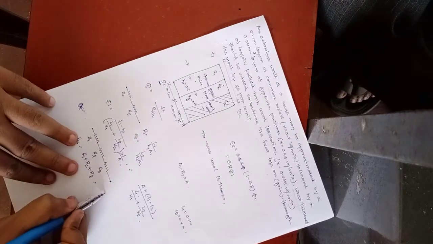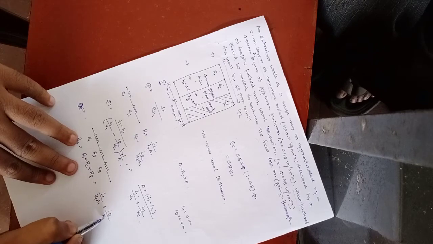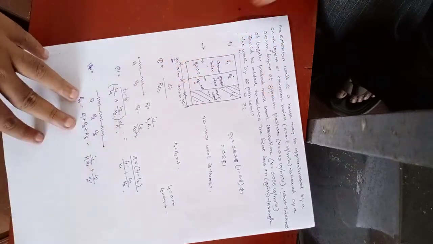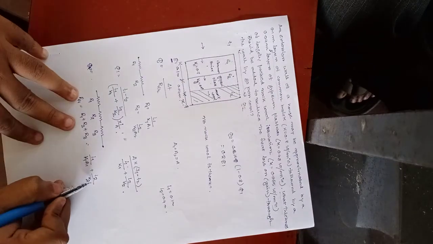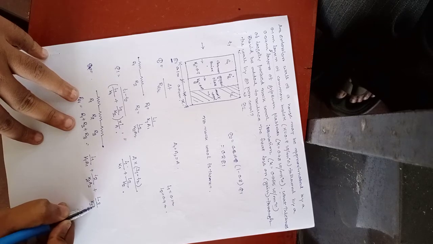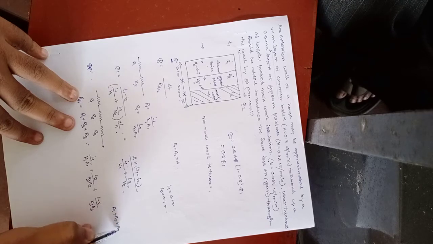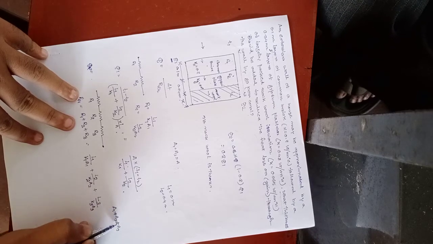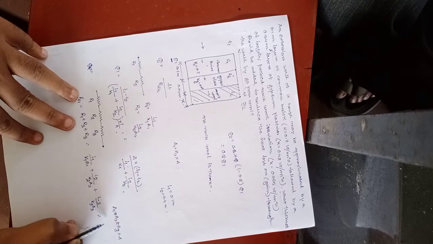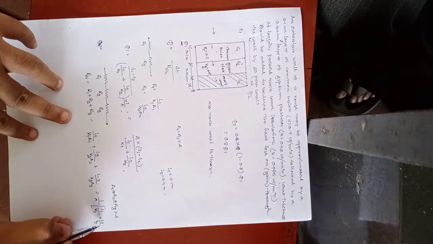So it is L1 by K1 A1 plus L2 by K2 A2 plus L3 by K3 A3, and we know that A1 is equal to A2 is equal to A3 is equal to A. So we can say 1 by A, L1 by K1 plus L2 by K2 plus L3 by K3.